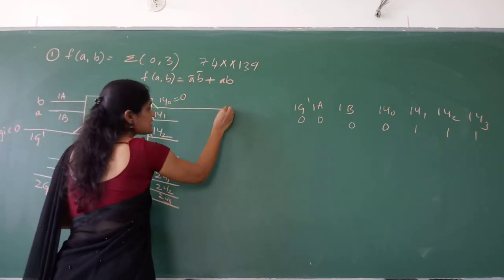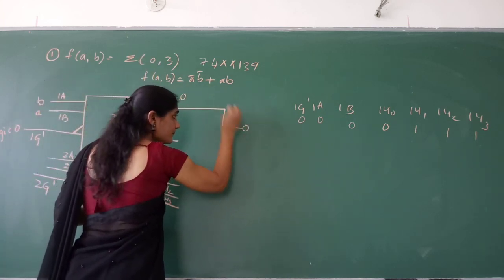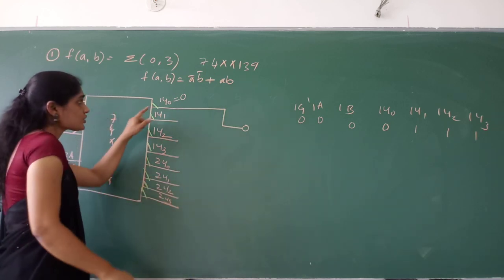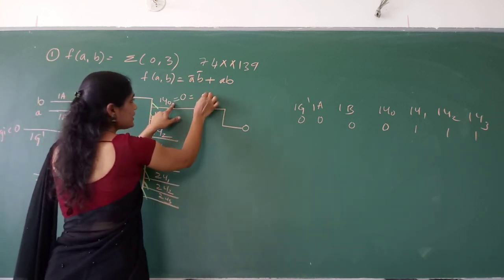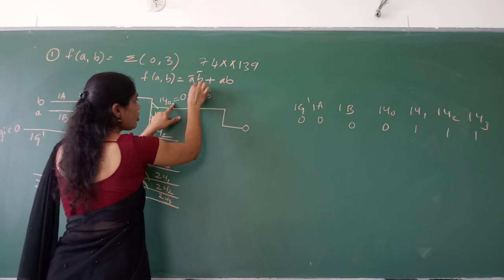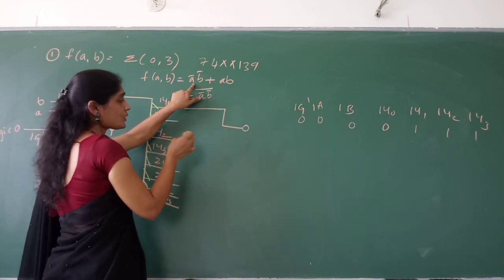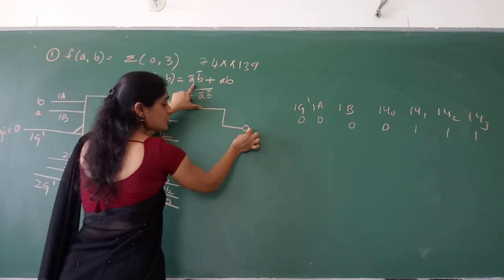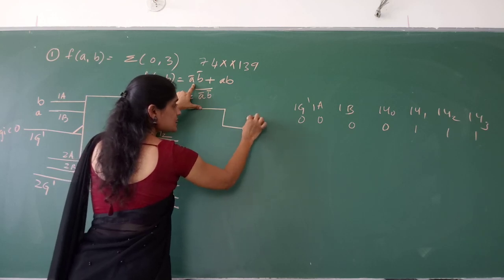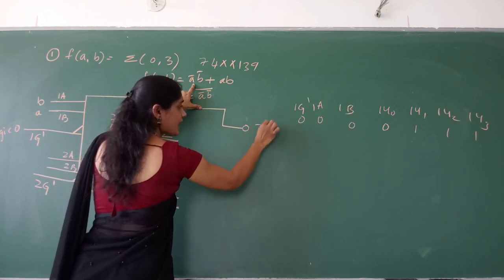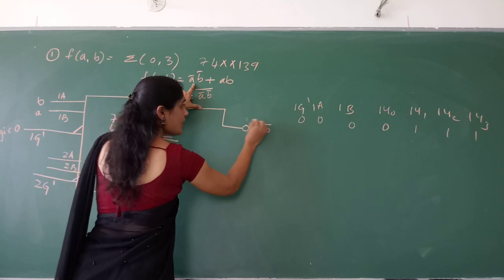So what I do is I will give this to a bubbled gate. So if I have here A bar B bar, whole bar, but actually what is required for me is only A bar B bar. So if I bubble it, I will get A bar B bar, whole bar, whole bar.